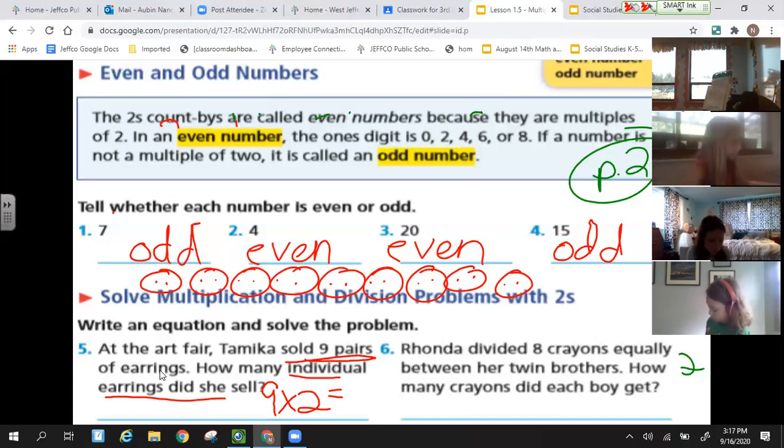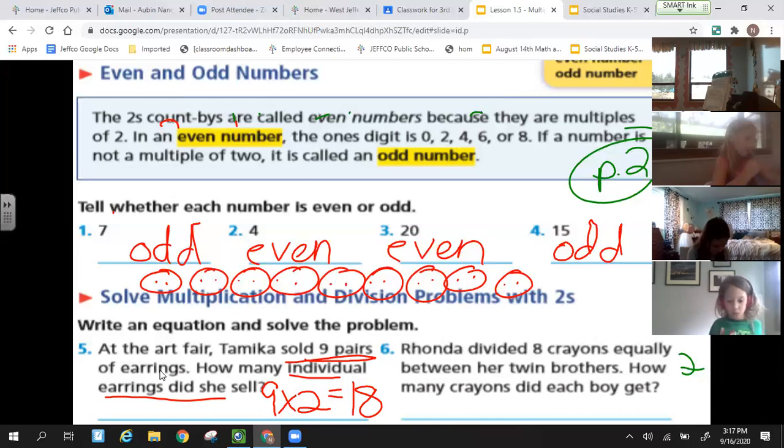What did you get for the answer? He says it's 18. Let's check. 9 fingers up. 2, 4, 6, 8, 10, 12, 14, 16, 18. Was he right?